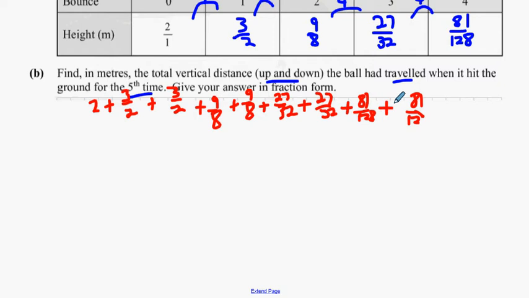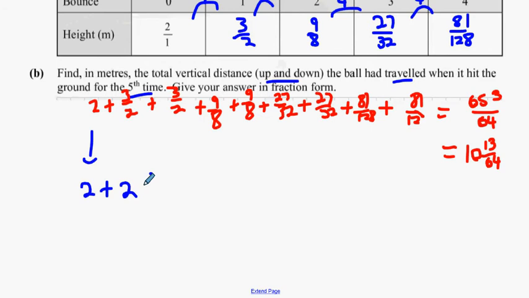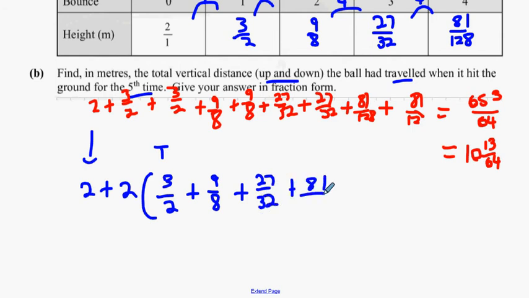And what we get there is 635/64, which is the same as 10 and 13/64. Now we could have rewritten this as 2 plus 2 times 3/2 plus 9/8 plus 27/32 plus 81/128.